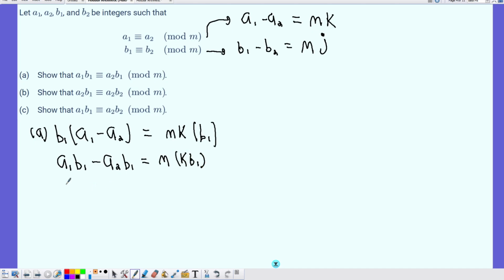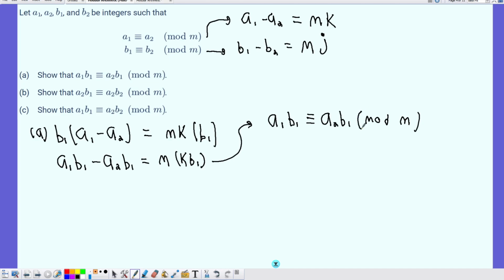Now we know that B1 is an integer, and we know that K is an integer. So K times B1 is also an integer, and since it's being multiplied by M, it must be a multiple of M. So we get our congruency that A1 times B1 is congruent to A2 times B1 mod M.